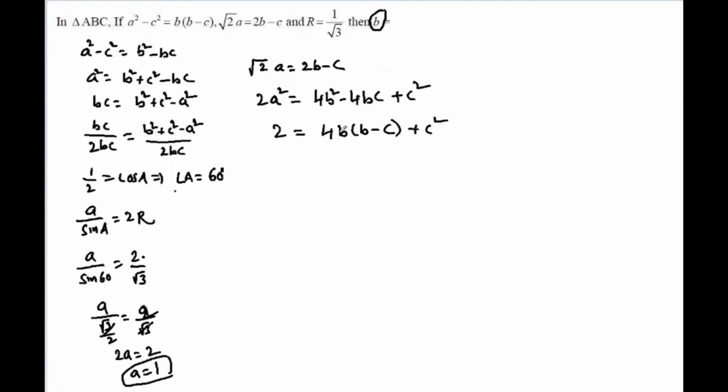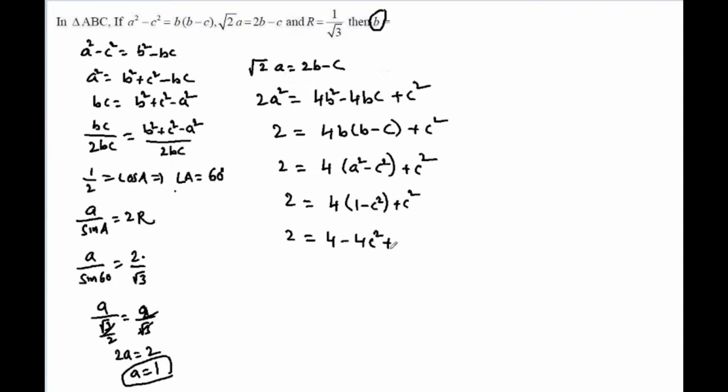We know b into b minus c from the equation a square minus c square, so 2 is equal to 4 into a square minus c square plus c square. Here a value is 1, so 2 is equal to 4 minus 4c square plus c square, that is 3c square is equal to 2. Therefore c square is equal to 2 by 3, c is equal to root over 2 by 3. This is the value of c.